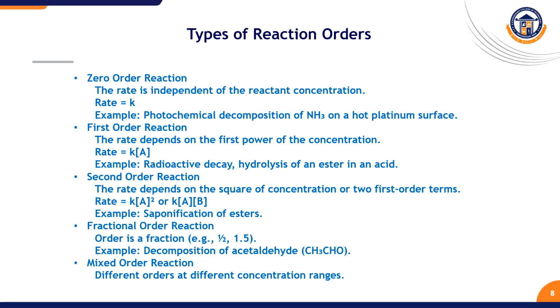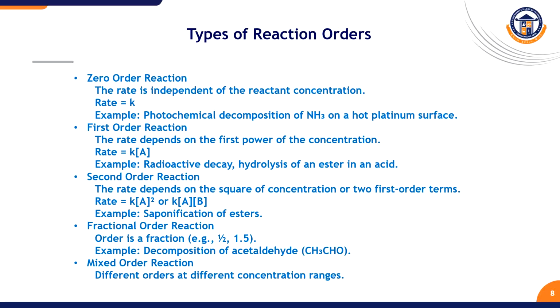If there are two different reactants, A and B, then the powers apply to A and B; saponification of ester is the best example. In a fractional order reaction, the order is a fraction. It may be 1.2, 1.5, 1.3, any number it can be.